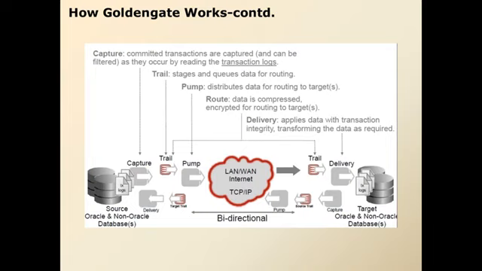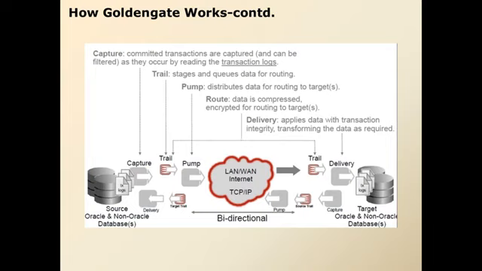So your local trail will always have only committed transactions of the database. Once the transaction gets committed, the capture process will capture it and write it to local trail, the pump process will write it to remote trail, and replicate will apply it to the target database.